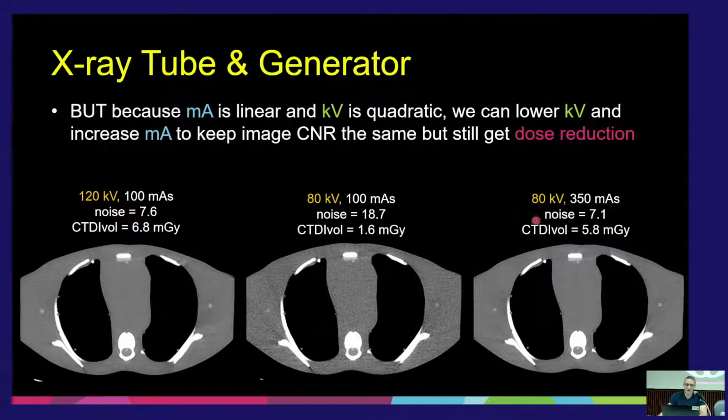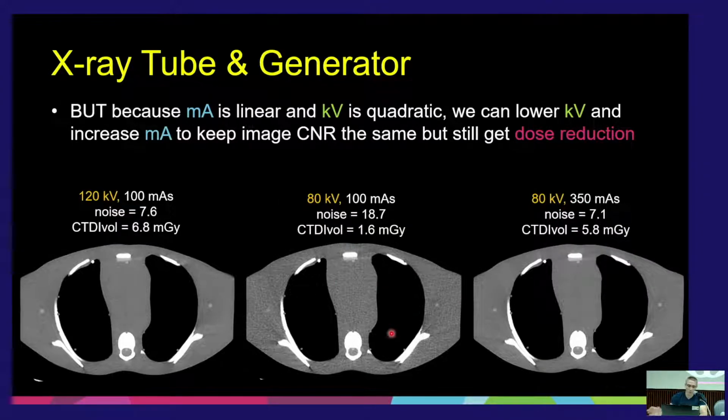Now, what happens if I go from 80 kV but I increase my mAs, from 100 back up to 350? My noise was largely the same, 7.6 to 7.1, and my CTDIvol only went up to 5.8. So you can see that as you go from high kVs to low kVs, you do need to increase the mA. But that's okay, because dose reduces a lot faster with kV.